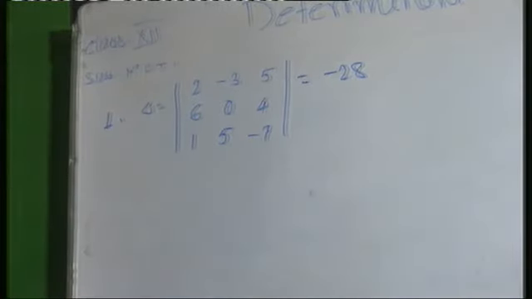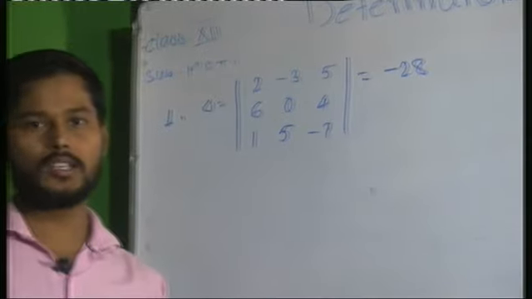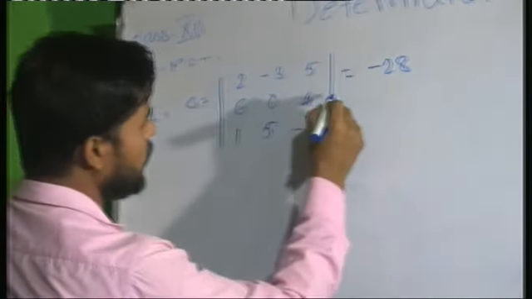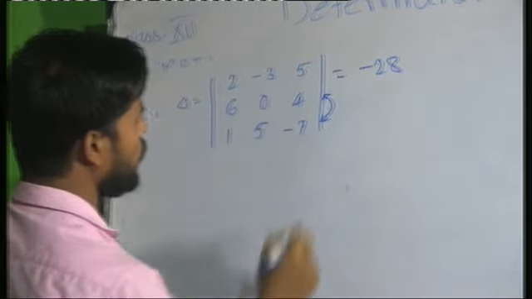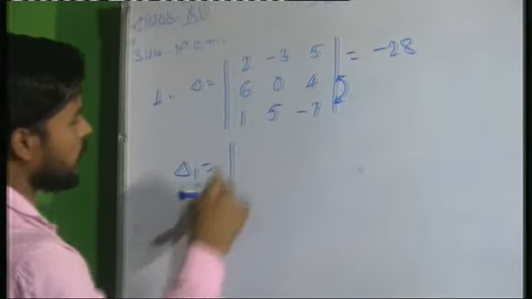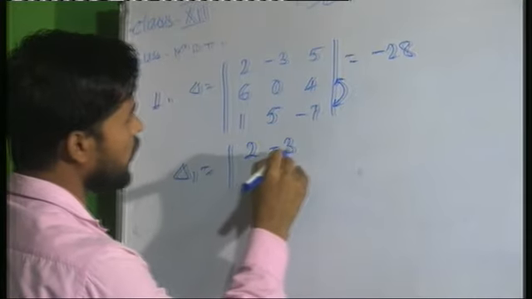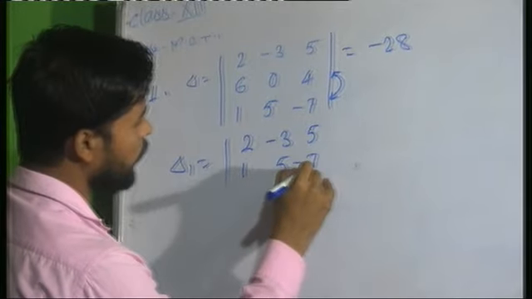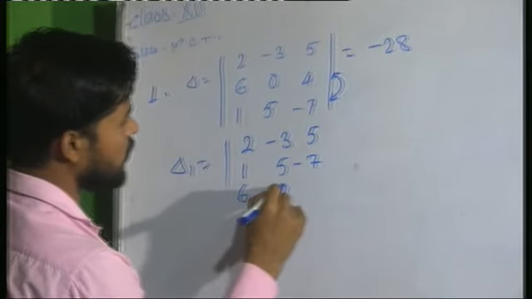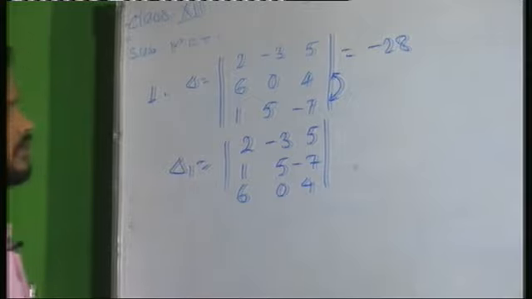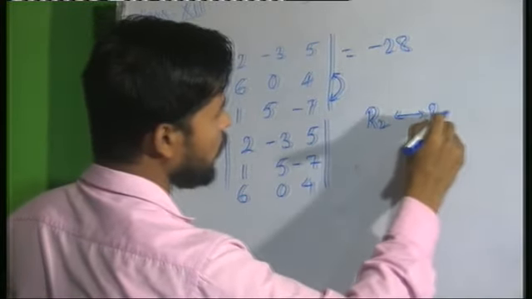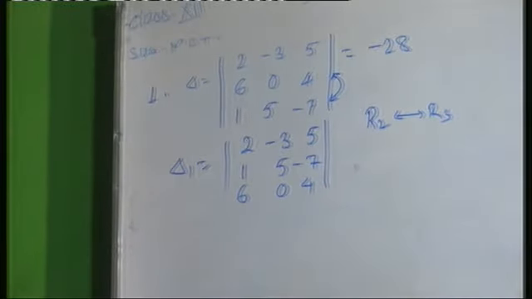Now if I interchange any two rows, then delta 1 is equal to 2 minus 3 5, 1 5 minus 7, 6 0 4. We are interchanging row 2 and row 3, and we'll calculate the value of the determinant and see what's coming.